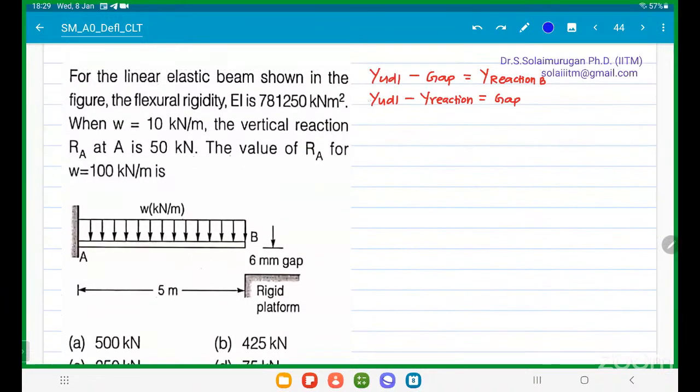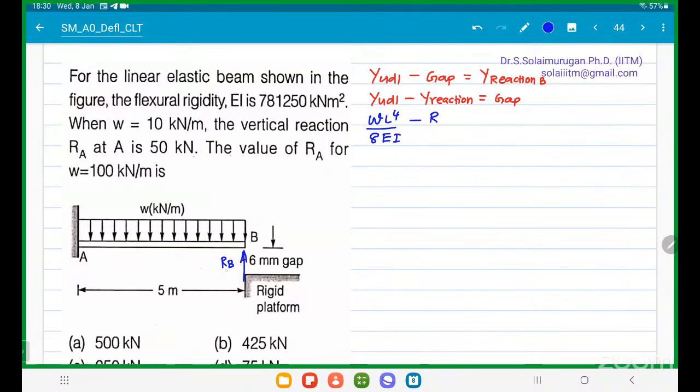This is for calculation purpose. We are bringing the gap to the right side. UDL deflection formula, small w L power 4 by 8 EI, minus support reaction RB.